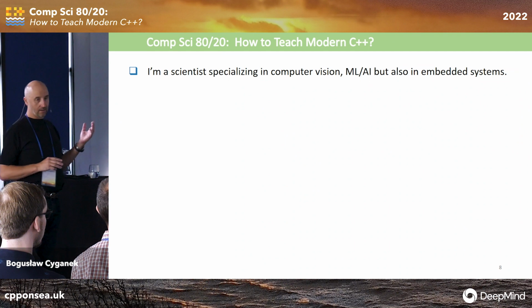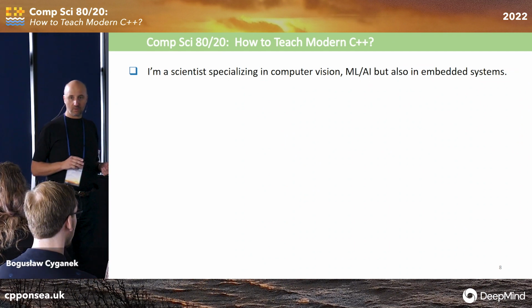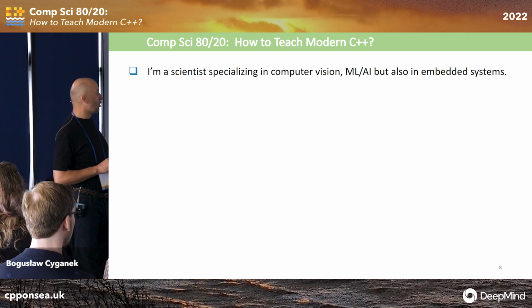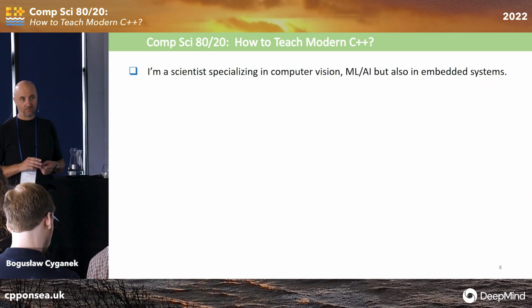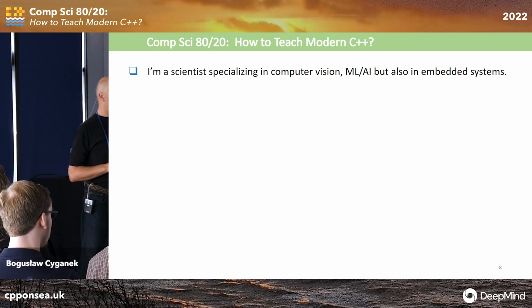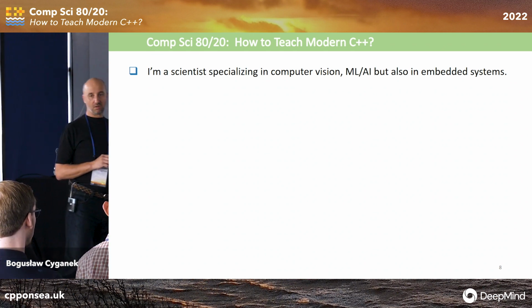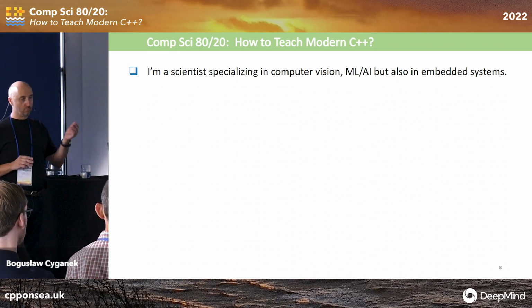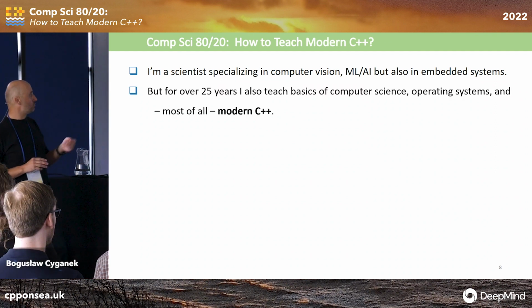But actually I am a scientist working in academia, doing research in computer vision, machine learning, artificial intelligence. If you Google my profile, you will find many publications in this area. If you go to Amazon.com, you will find books I wrote on computer vision.